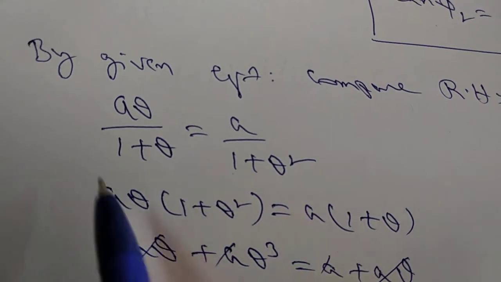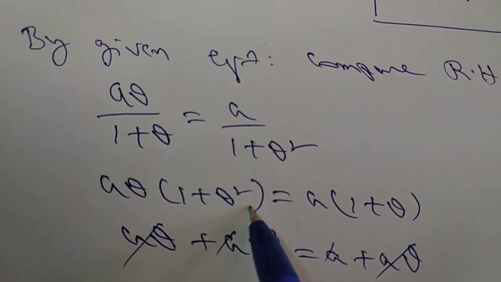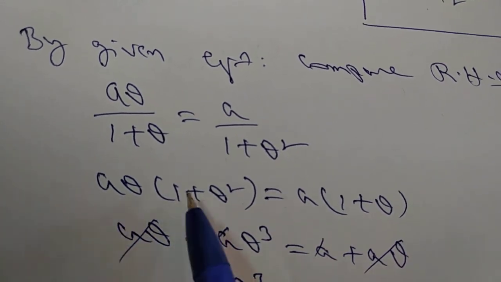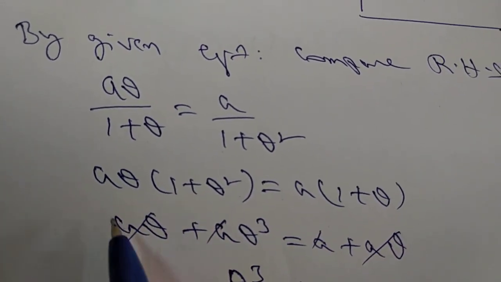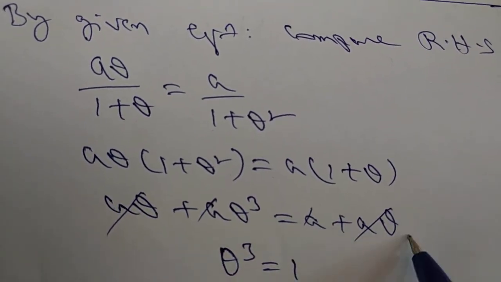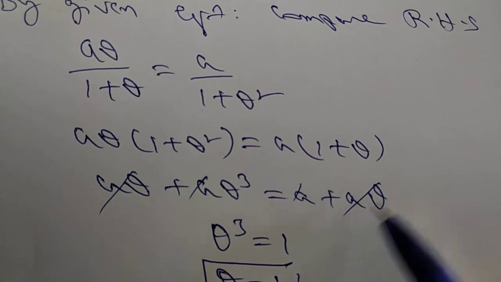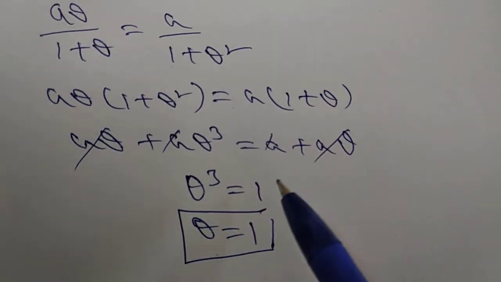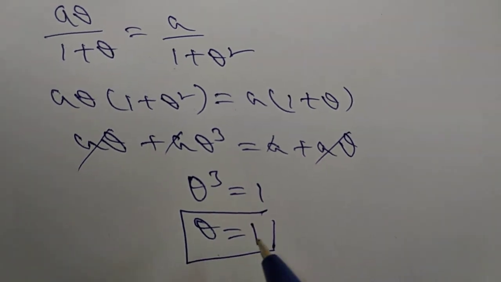Cross multiply: a theta into 1 plus theta square is equal to a into 1 plus theta. Multiply: a theta plus a theta cube is equal to a plus a theta. On the left hand side a theta and a theta cancel, a cancels. So therefore theta cube is equal to 1. So therefore theta is equal to 1.